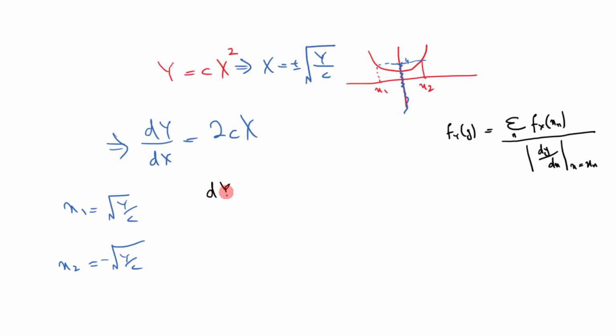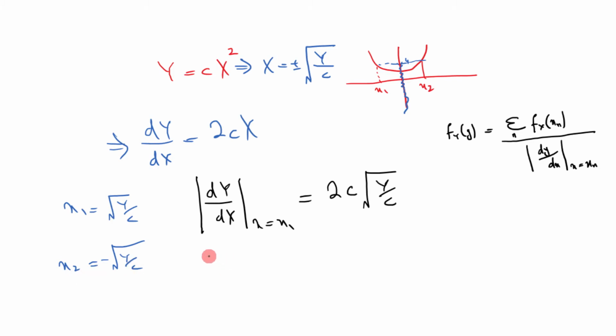So let us calculate the denominator in this case. We have dy over dx at x is equal to x1. We will have 2c, where x1 is under root y over c.